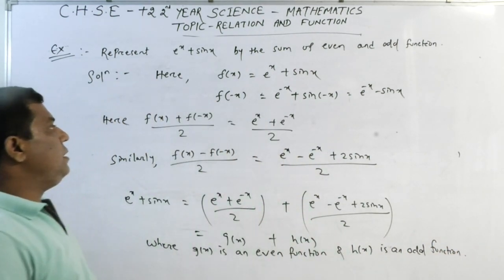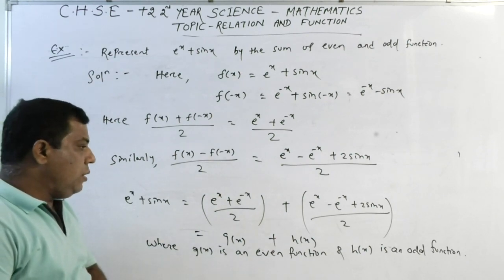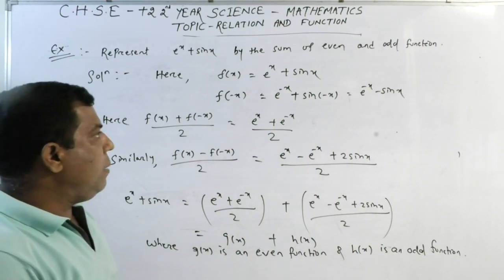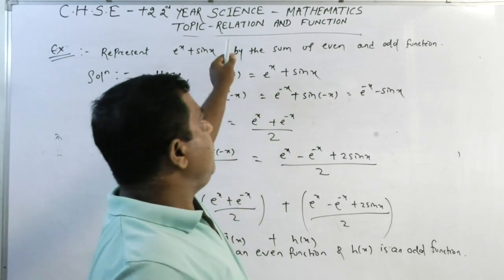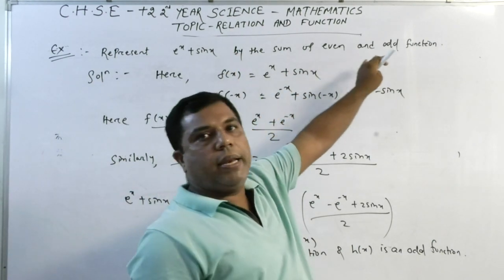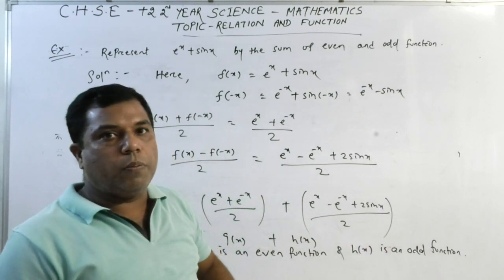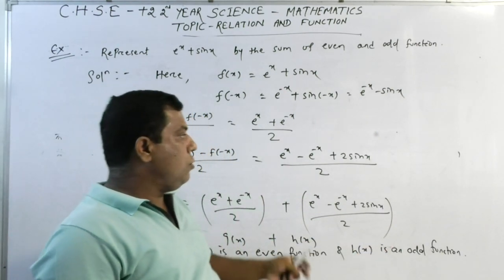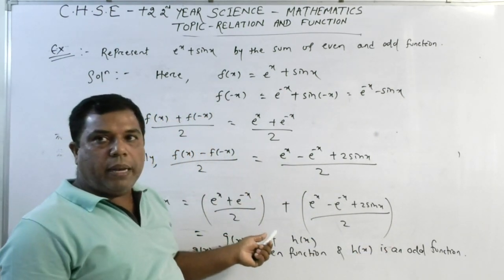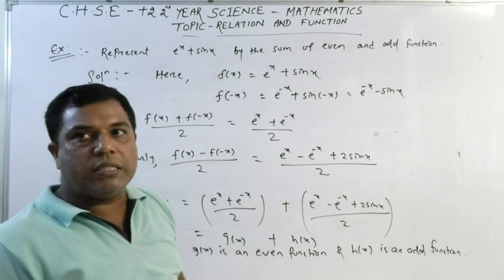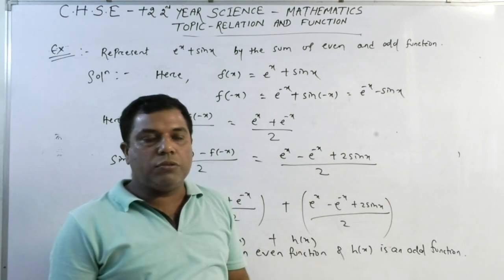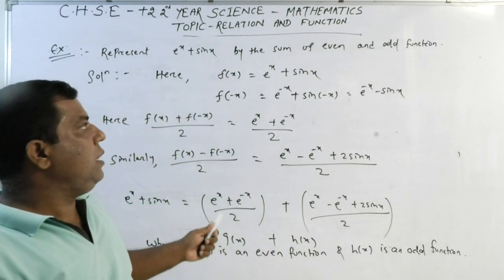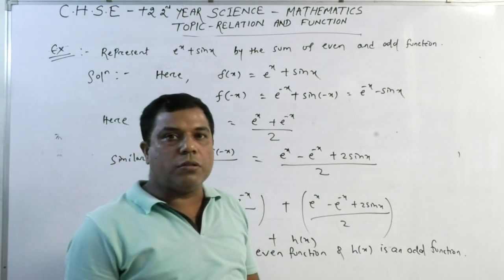So this is the technique, or the procedure, to express a given function by the sum of an even function and odd function. So you see, we can solve many questions by this type of technique.